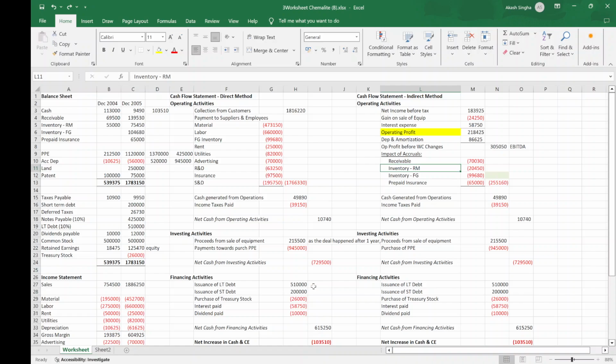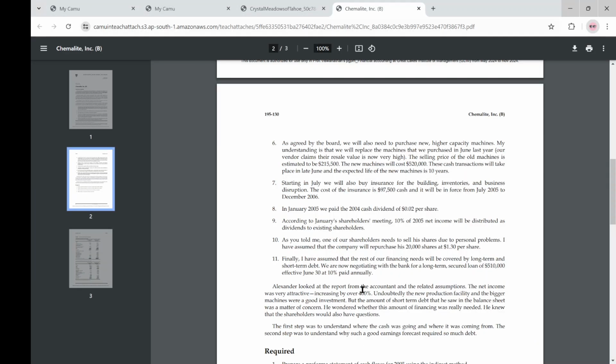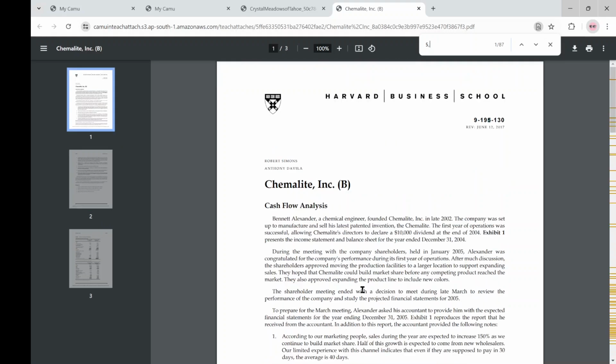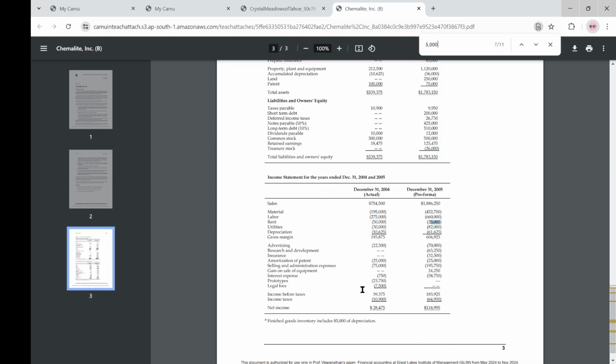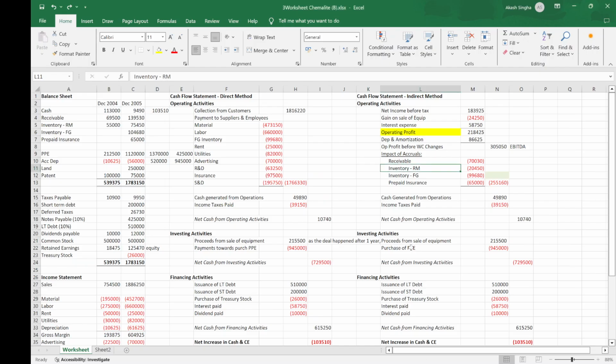But it was written somewhere that finished goods inventory includes 5,000 depreciation. So due to that, we are removing 5,000 from that and taking that as a negative cash flow, because 5,000 is in the depreciation. We already had calculated it here.